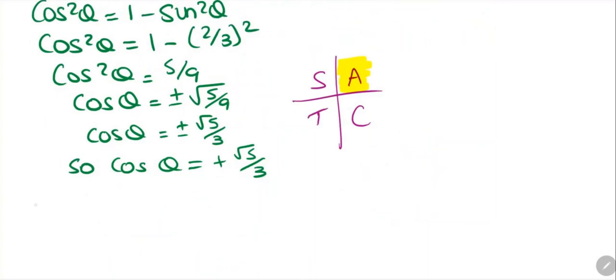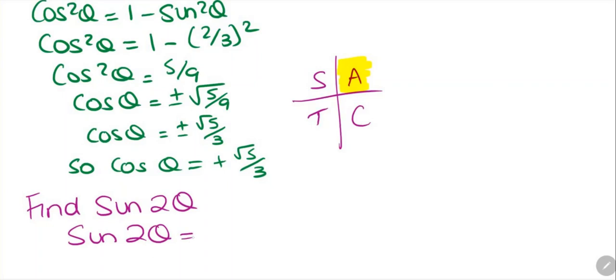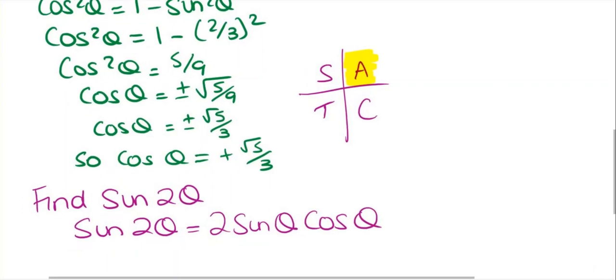So now we need to find sine of 2 theta. We know we're going to use sine 2 theta is equal to 2 sine theta cosine theta. So we're going to substitute in the values.